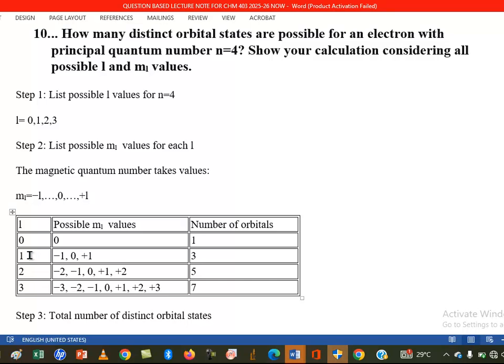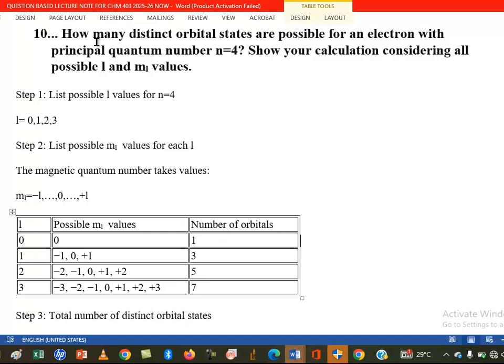Then when L is 1, M is -1, 0, +1, so you have 3 states. Then when L is 2, M is -2, -1, 0, +1, +2, 5 states. Then when L is 3, M can be -3, -2, -1, 0, +1, +2, +3, so 7 states.